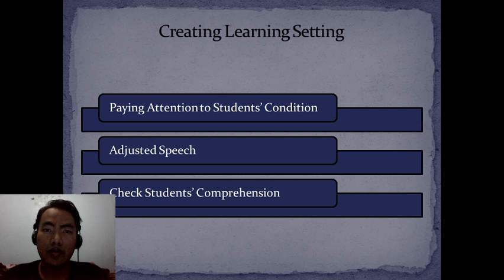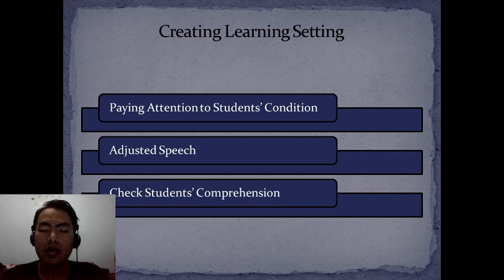After observing the students' condition, if they are in motivated condition, we can adjust the speech of our teaching process to fast speed, so that the students can keep focus on the material that is being taught.